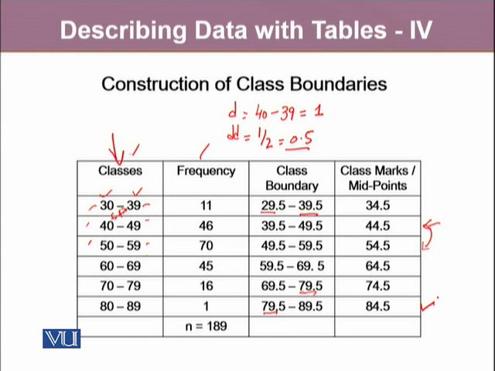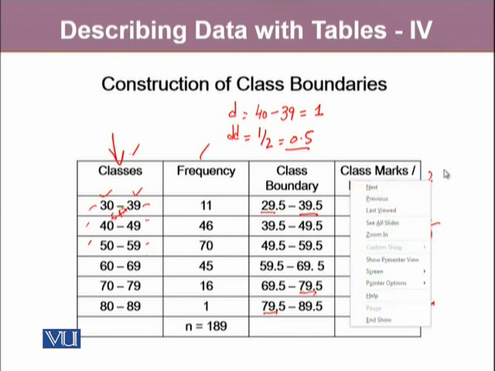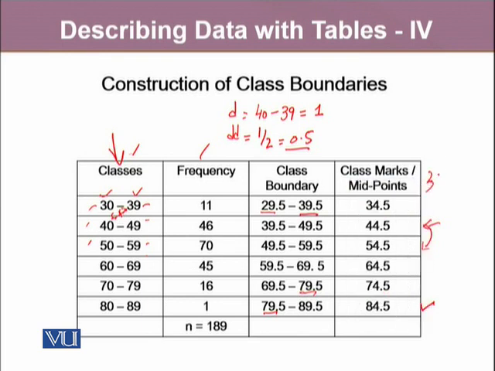Moreover, we can also construct the class marks, which are also called the midpoints. Class marks are obtained by obtaining the center. To obtain the middle, we can either add or subtract these class boundaries and then divide by 2.